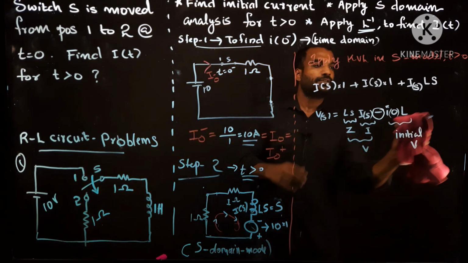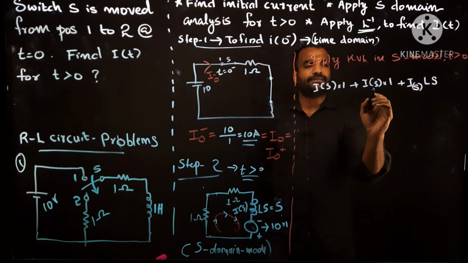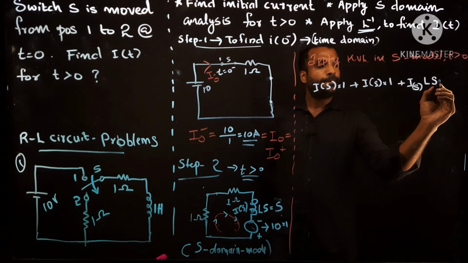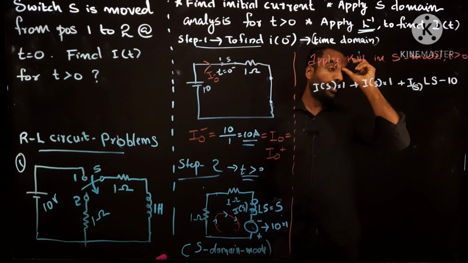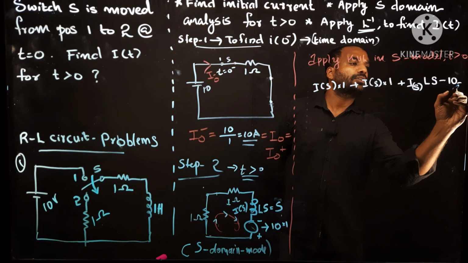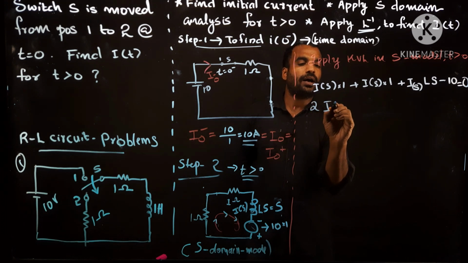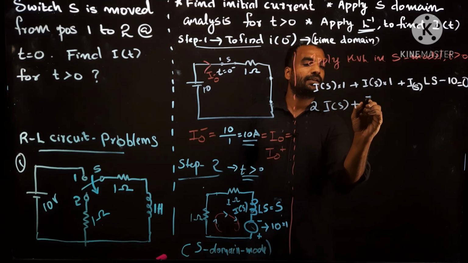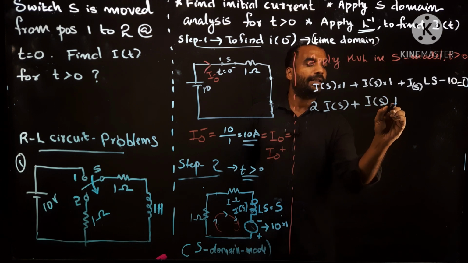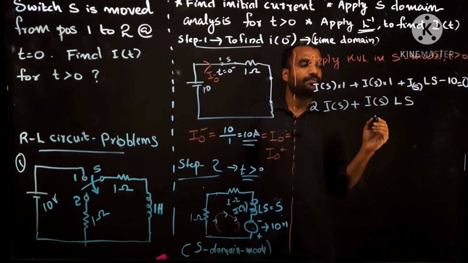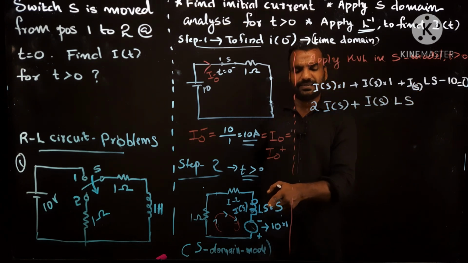Let me complete the KVL. Is into 1 plus Is into 1 plus Is Ls minus 10 is equal to 0. This is the KVL. So 2 I of s plus I of s Ls, not LS, L is 1.